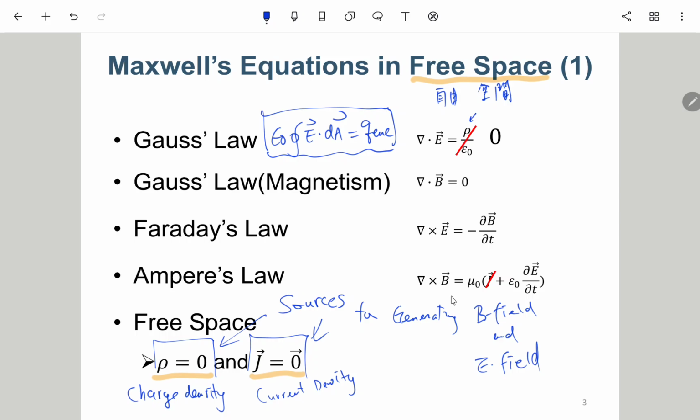Originally, for the integration form, it is the integral of B dot ds equals mu 0 I enclosed plus mu 0 epsilon naught d phi E dt. This is the integration form of the Ampere-Maxwell law. Here I changed the current to current density, and the electric flux changed to this term.